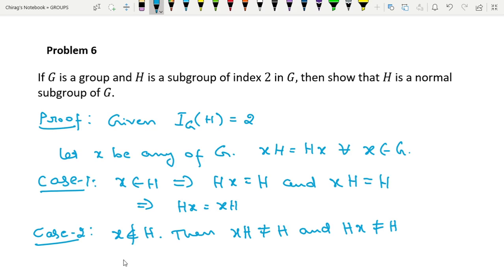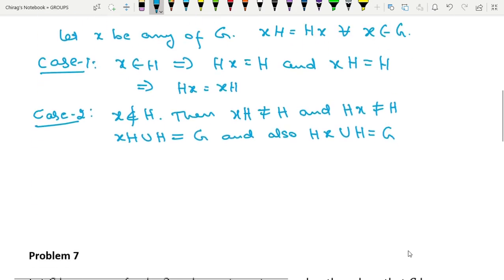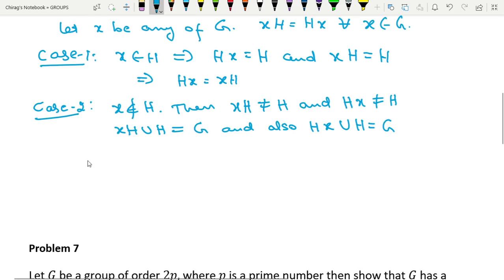So therefore, XH union H will be equal to G, and also HX union H is equal to G. Moreover, XH and H are distinct.